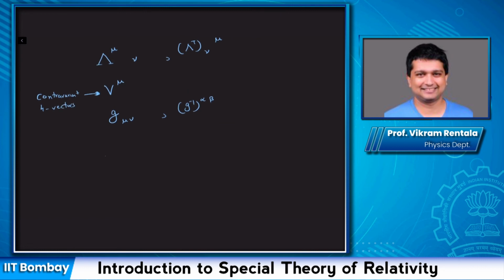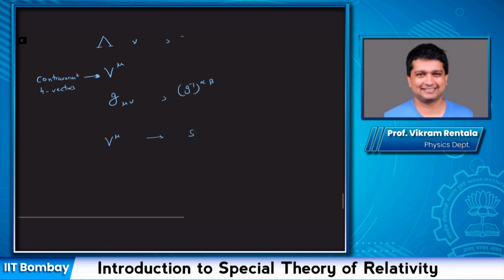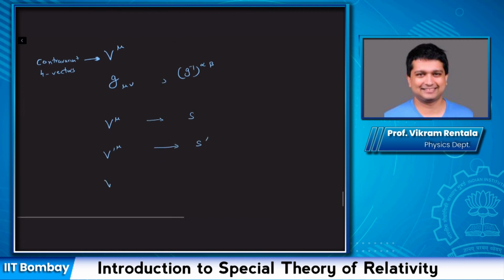That is, if I know the vector V mu in one reference frame, say in the frame of an observer S, and I want to find V prime mu in the frame S prime, then the transformation rule is V prime mu is lambda mu nu V nu, where I've summed over nu. This would relate the vector in S prime to the vector in S.